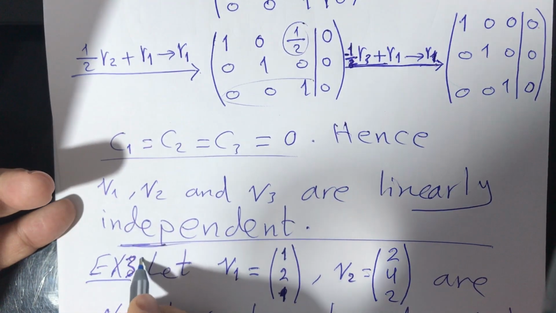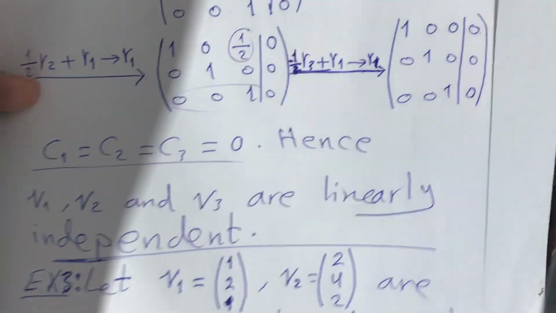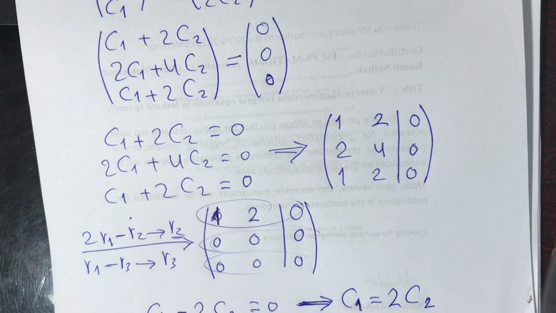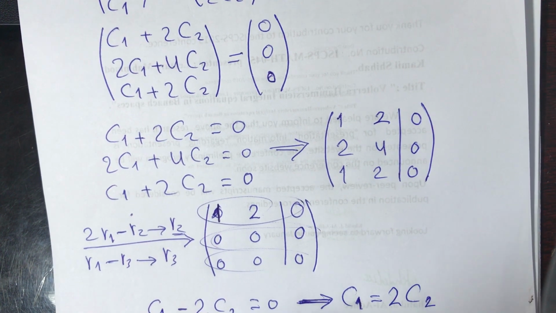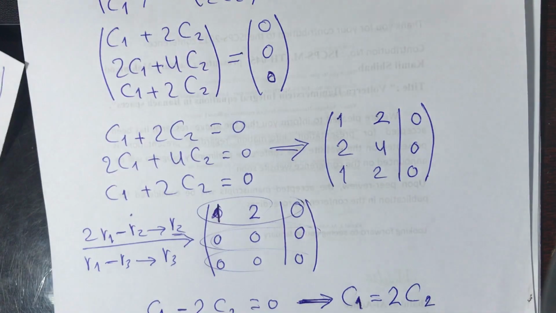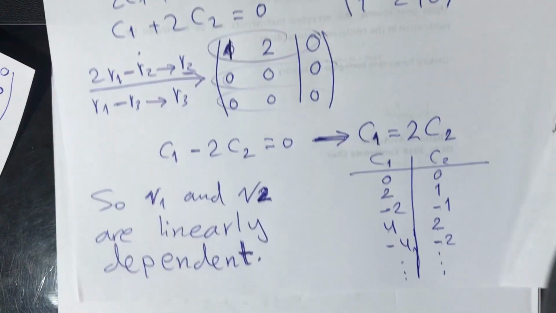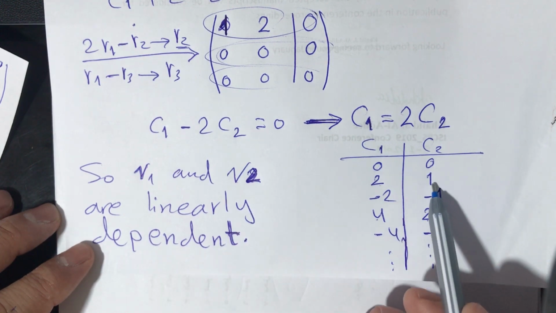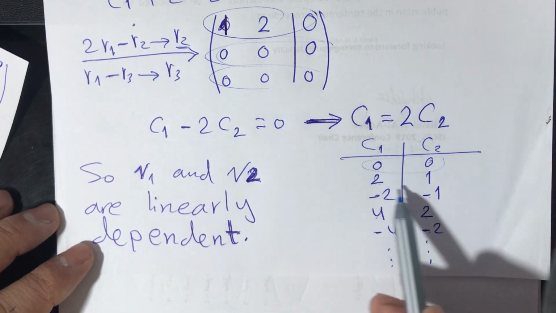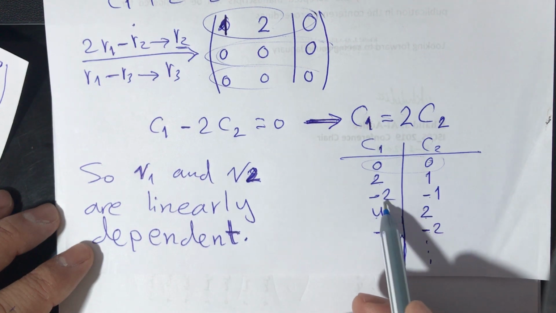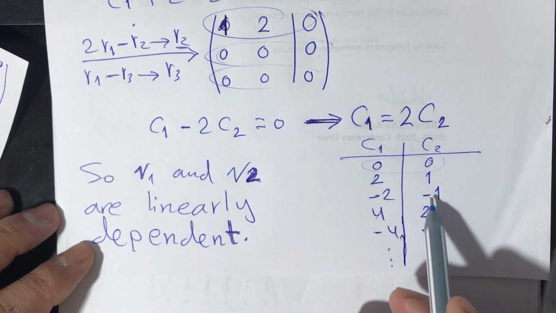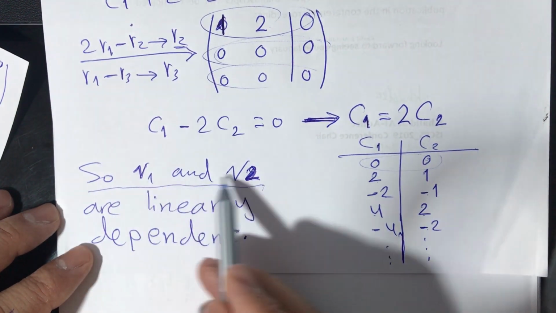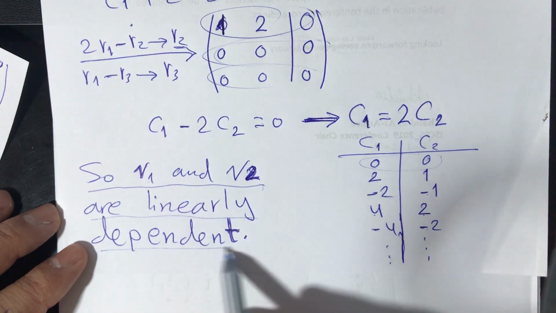But in example 3, we have infinitely many solutions, not just one solution. So V1, V2 are linearly dependent because we have not just 0, 0, one solution, but infinitely many solutions, 1, 2, minus 1, minus 2, and so on. So we say V1, V2 are linearly dependent.